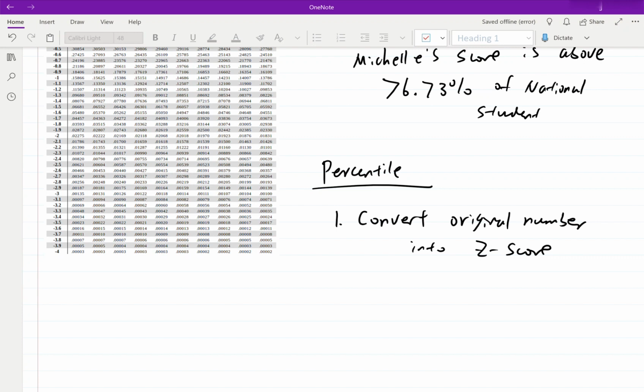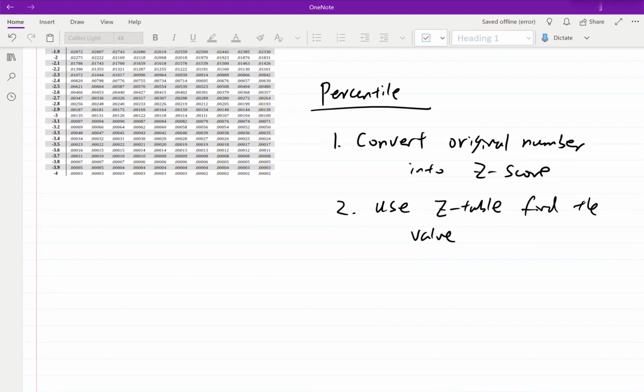And then we're going to use the Z score and the help of the Z table to find the value. And then we want to convert the value into a percentage.